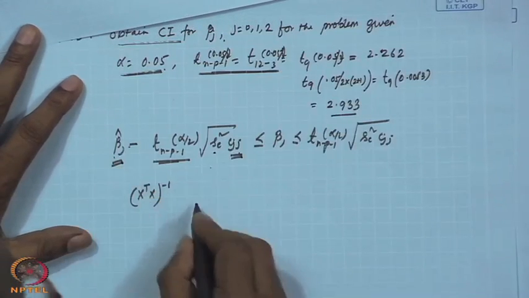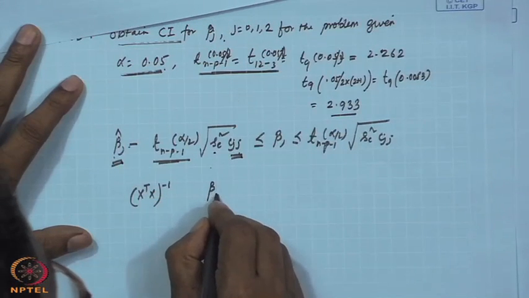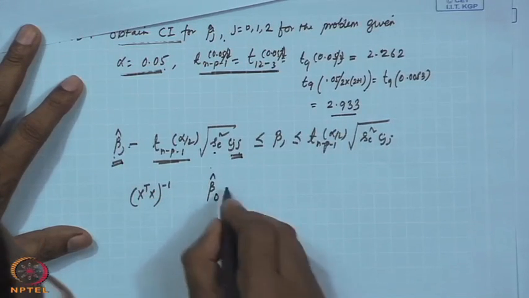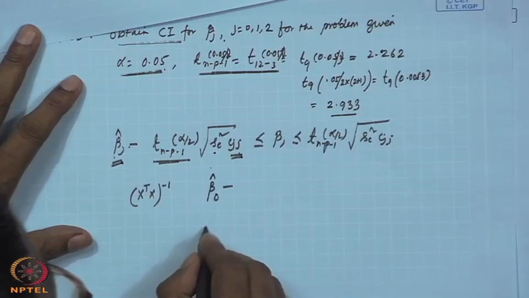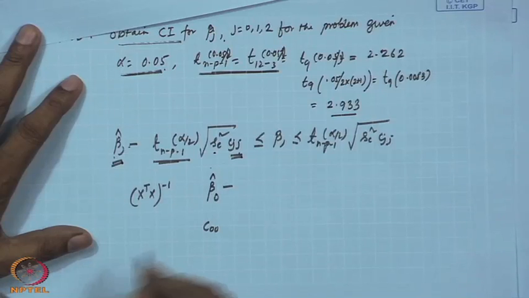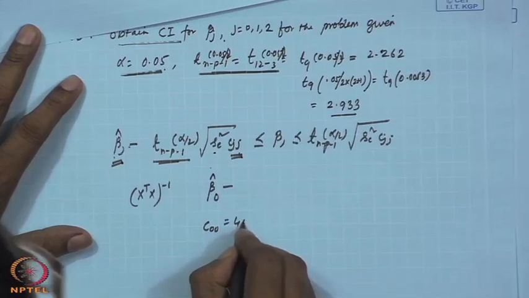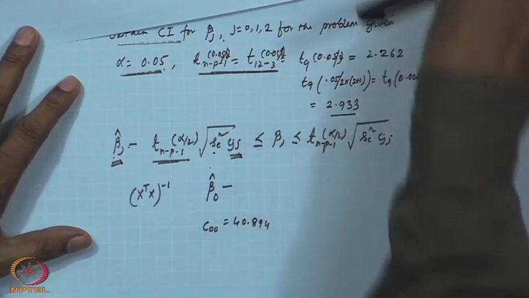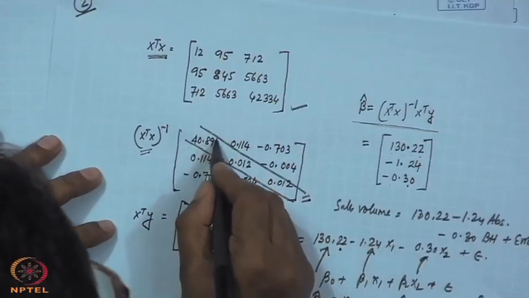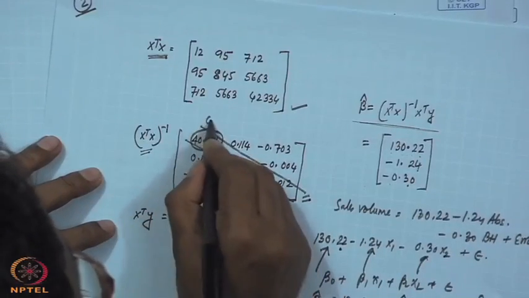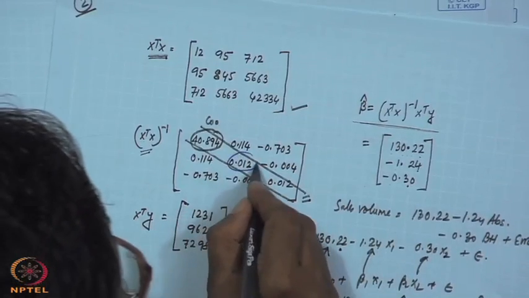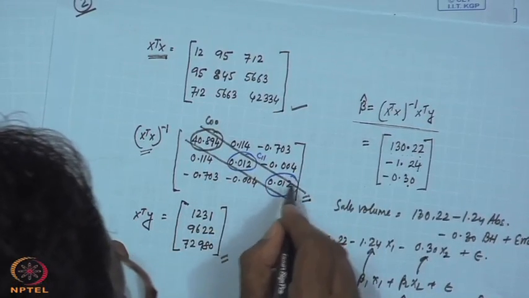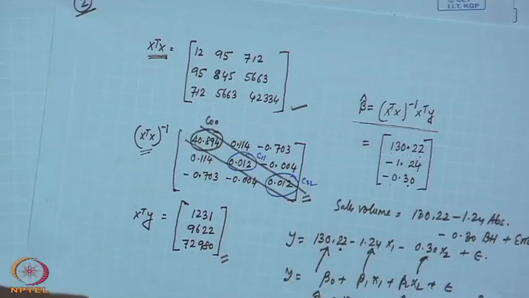So, for beta 0, C 00 will be taken. C 00 is 40.894. This is our C 00. Second one will be your C 11, third one will be your C 22.